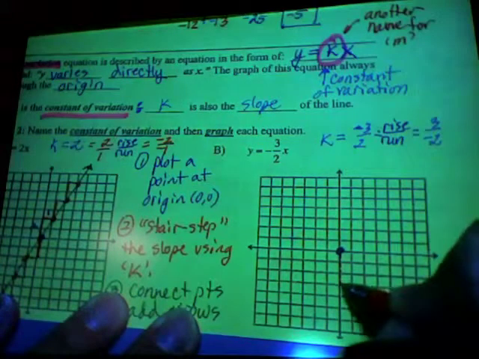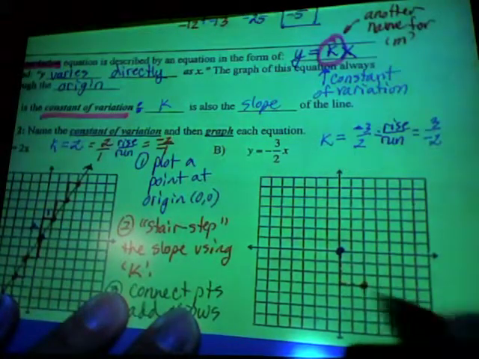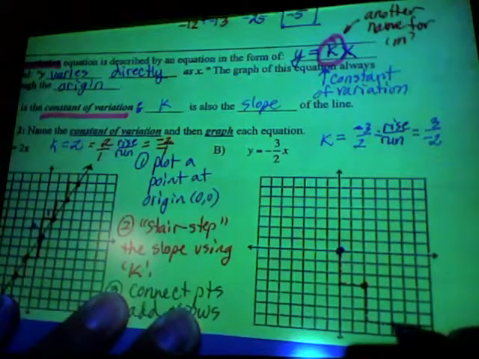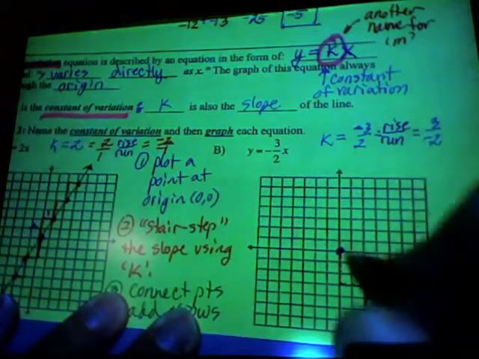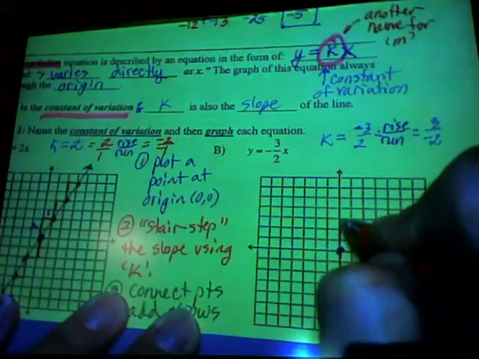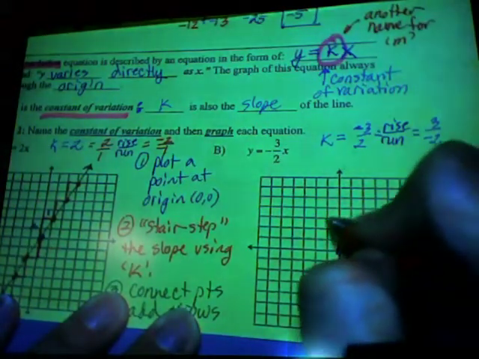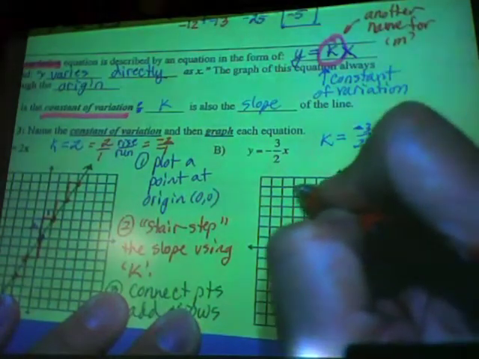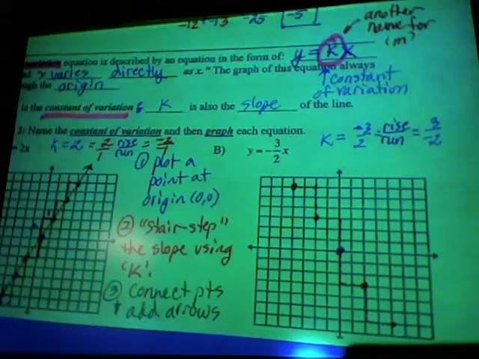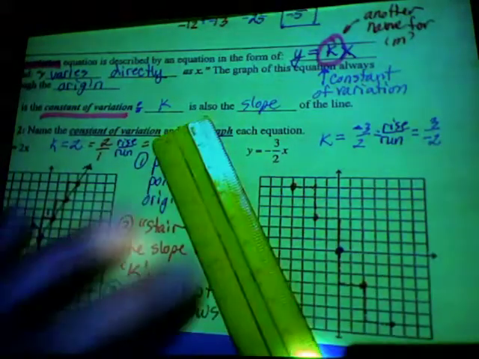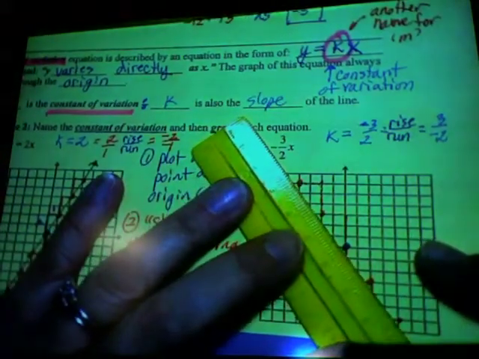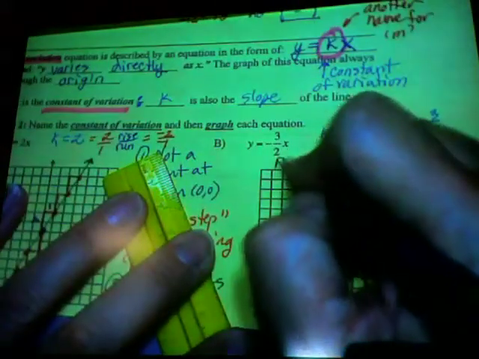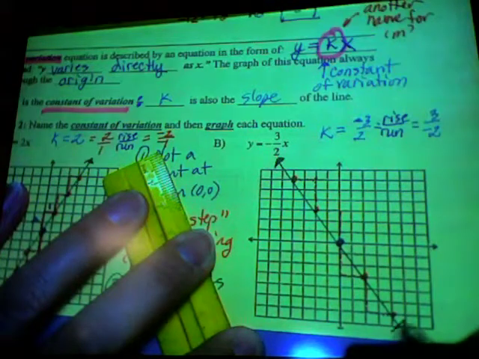Positive 2 would be to the right 2. Or a positive 3 would be up 3. And a negative 2 would be to the left 2. So they should follow along the same line, which they do. And notice that your line is tilting in the negative direction. Make sure you add arrows to your lines.